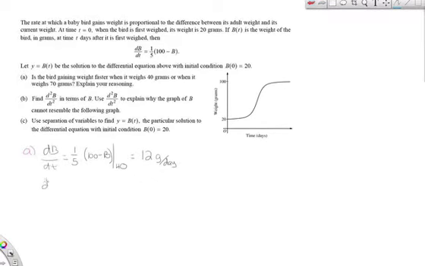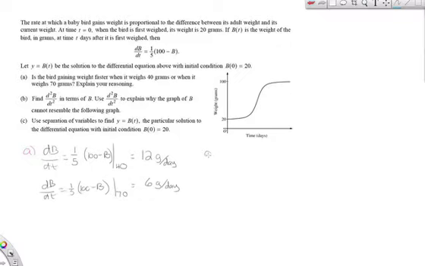And dB/dt evaluated at 70 would be 30 divided by 5, which is 6 grams per day.